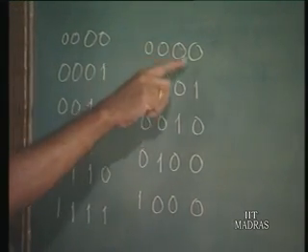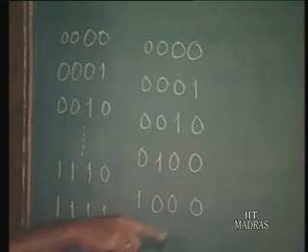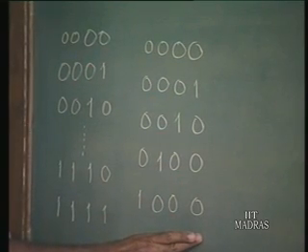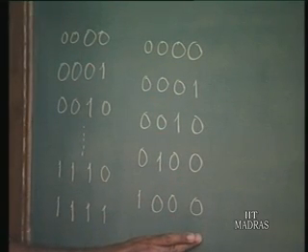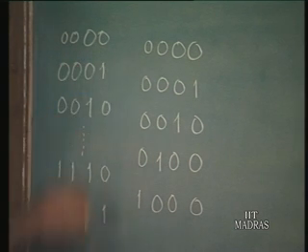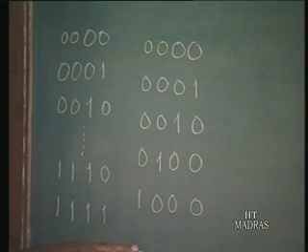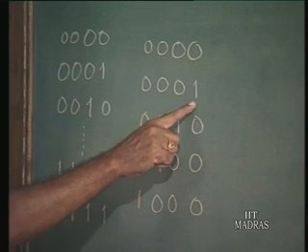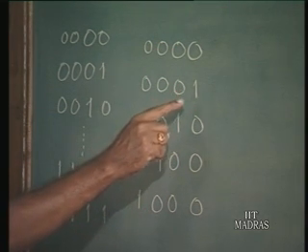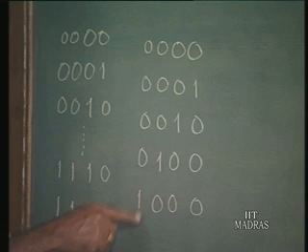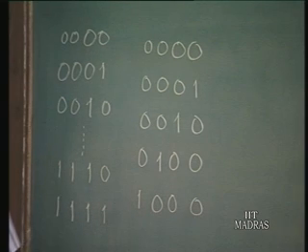With 4 bits I can also create these 5 codes. Of course, it is nothing but a subset of this. The point to notice here is that there is only one 1 bit in the entire field.